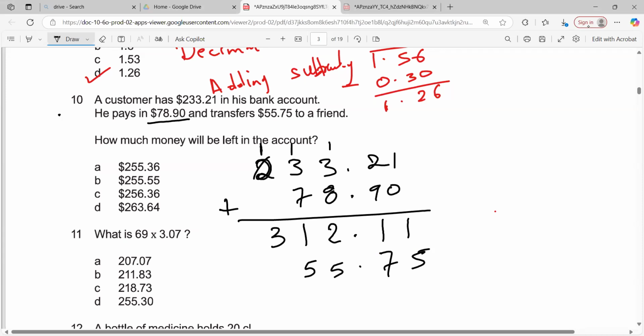Now we're going to subtract because it says, so then you're going to cancel.